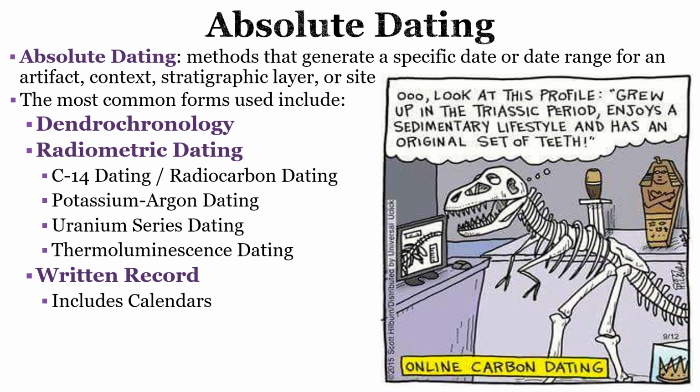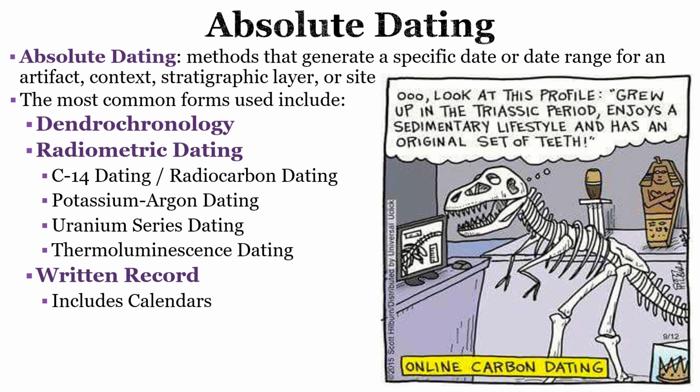All right, absolute dating, the thing that really gets us archaeologists excited. So absolute dating is a method or a collection of methods that help us find a specific date or date range for a layer, an entire site, a context, or a specific artifact within it, depending on how we're doing our dating.